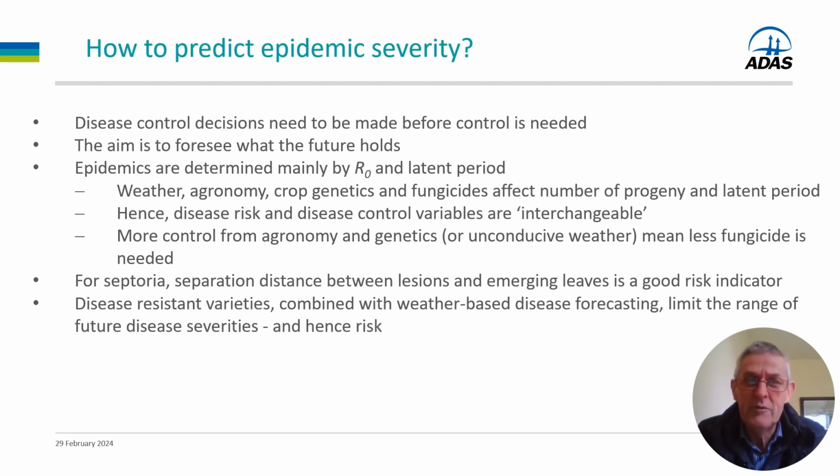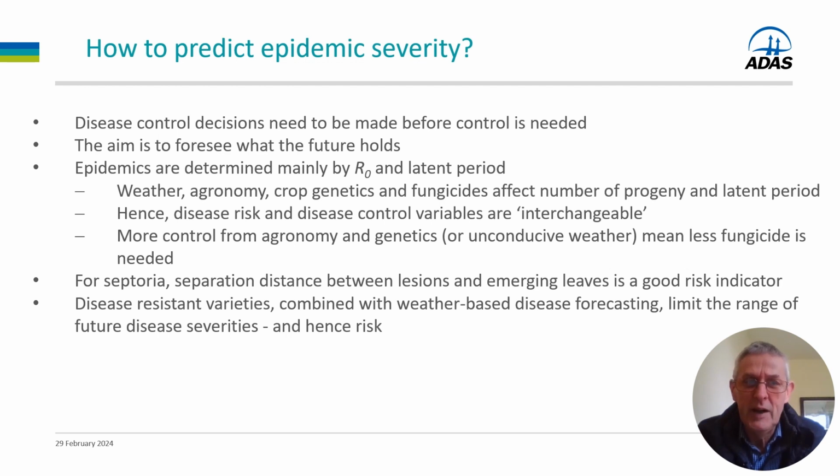Weather, agronomy, crop genetics, and fungicides all affect the number of progeny that determines R0 and the latent period. Hence, disease risk and disease control variables are interchangeable. More control from agronomy and genetics or less conducive weather mean we need less fungicide.